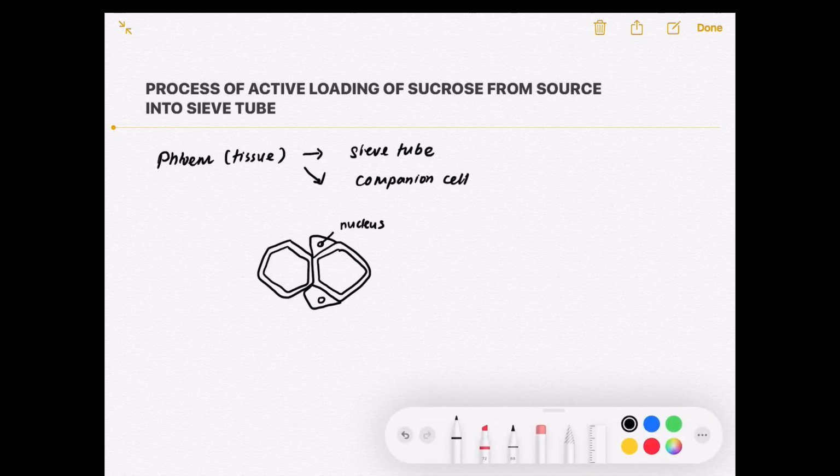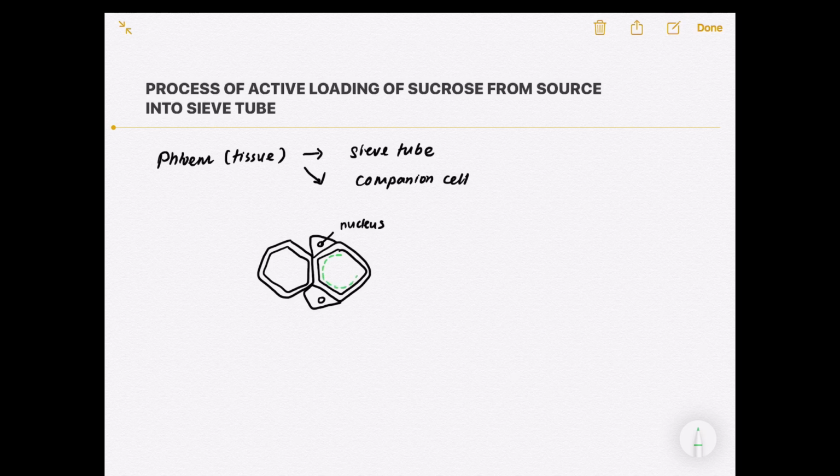And as for the sieve tube, then how do you distinguish it from the xylem vessel? Phloem sieve tube element, they don't have a nucleus, but they do have little cytoplasm.